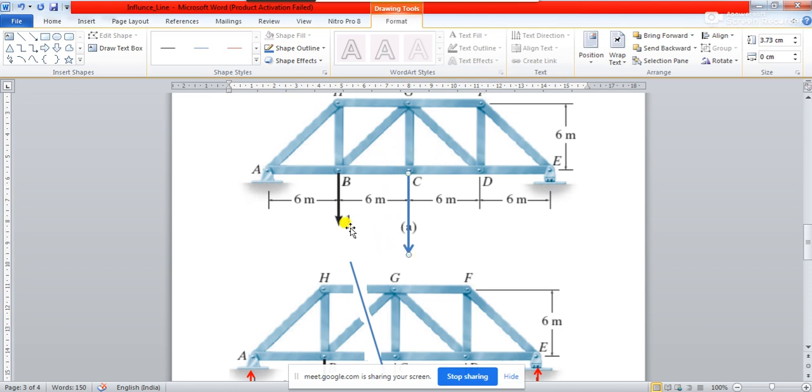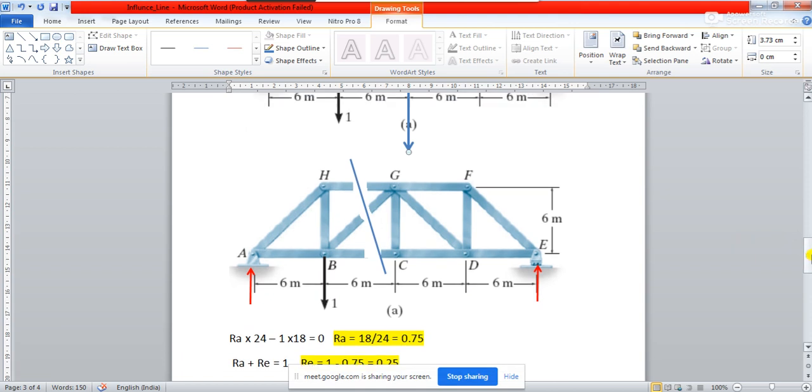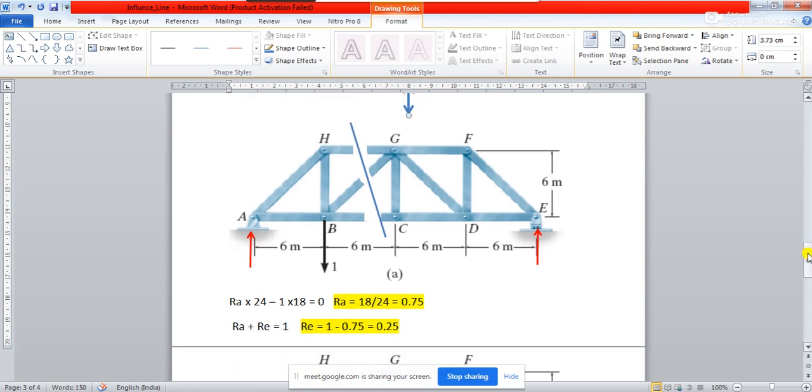Now for this position C, again you will have to find out the reaction at A and the reaction at E, because at the position B, when the unit load was there, the reaction was different. When it moves over to C, the reaction at A and reaction at E will be different. Someone please tell me, what will be the reaction at A and E in that case?